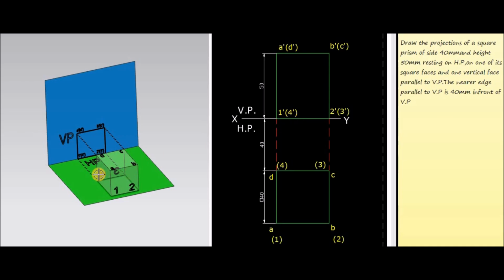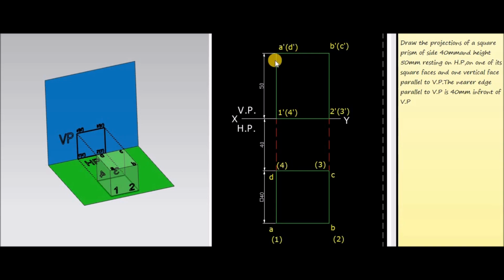Now consider the top corners of the prism A, B, C, D. So here the corners A and B are visible, so they have to be represented outside the bracket as A dash, B dash, and the points at the back side of A is D and C corresponding to B. So the points C and D will be inside the bracket and are to be represented as C dash and D dash inside the brackets.